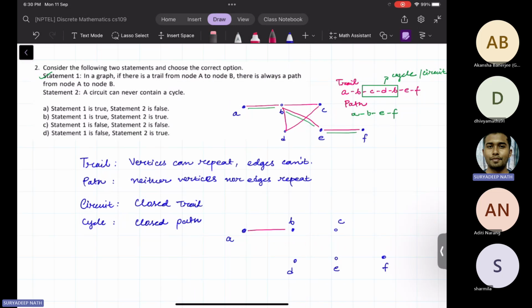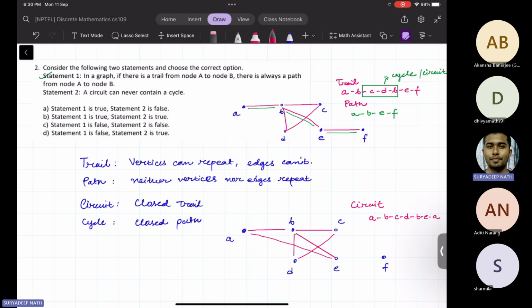So we go from A to B, B to C, C to D, D to B, from B to E, and from E again to A. So this is the circuit: A to B to C to D to B to E to A.